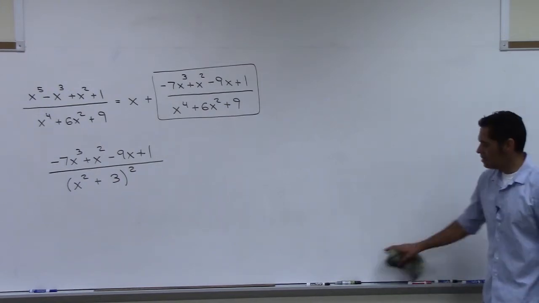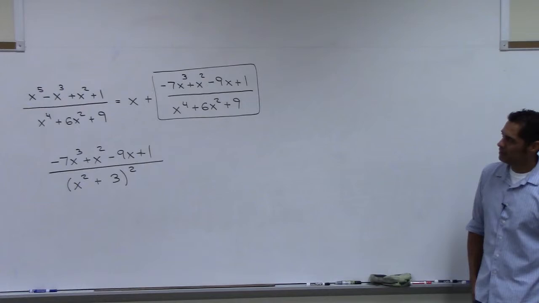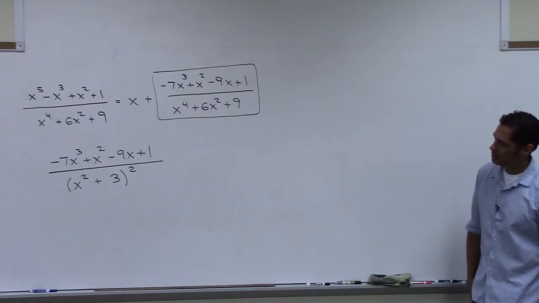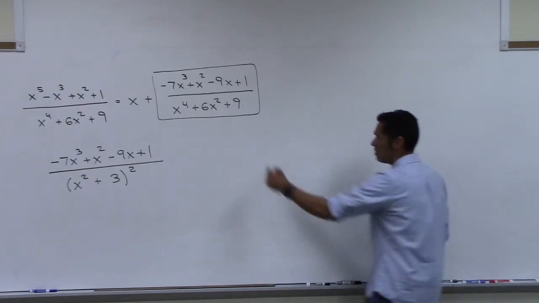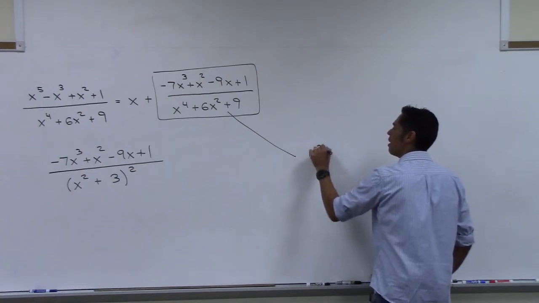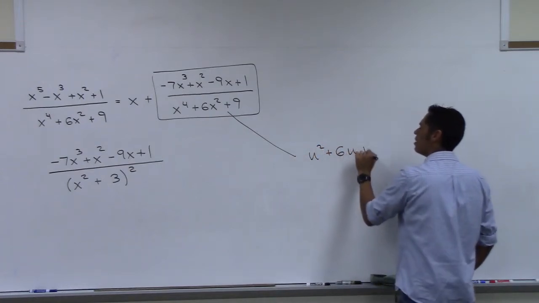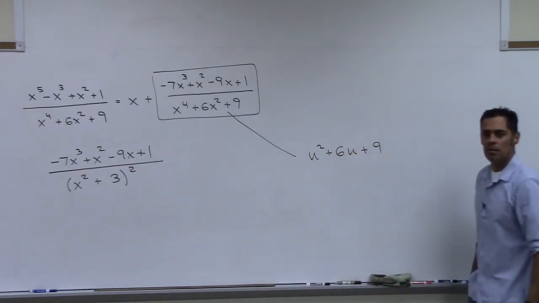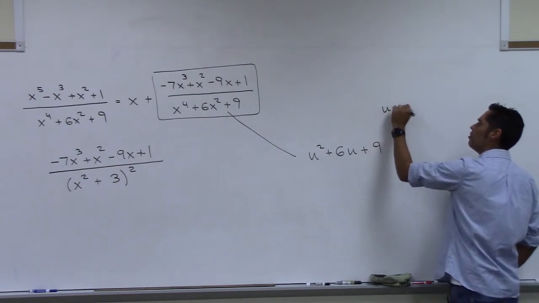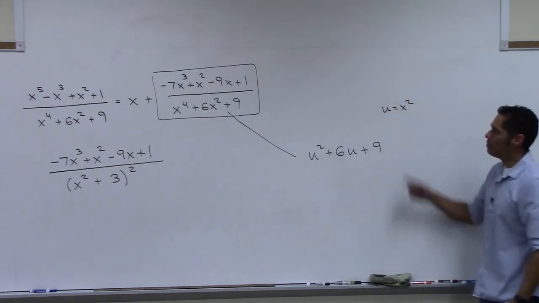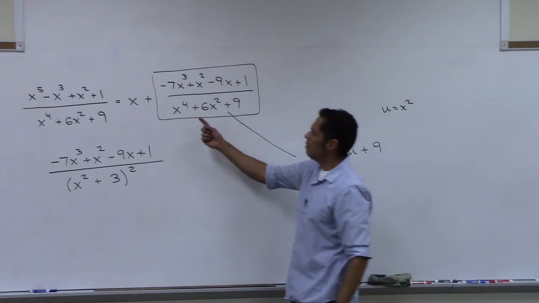Doesn't this kind of look like u squared plus 6u plus 9? If we make a substitution, u is x squared. Everywhere we see x squared, replace it with u.